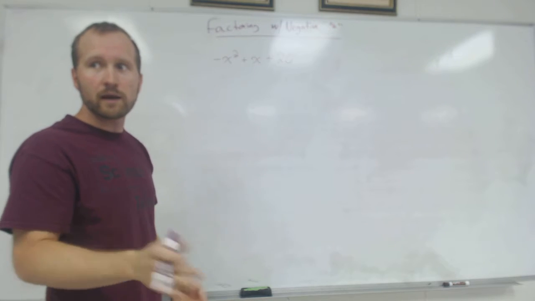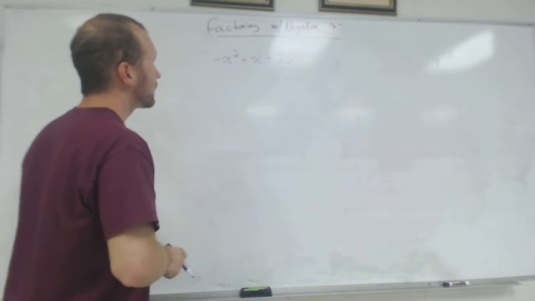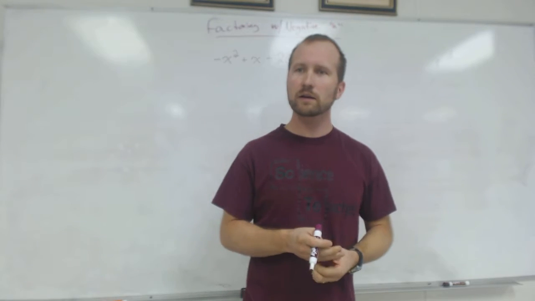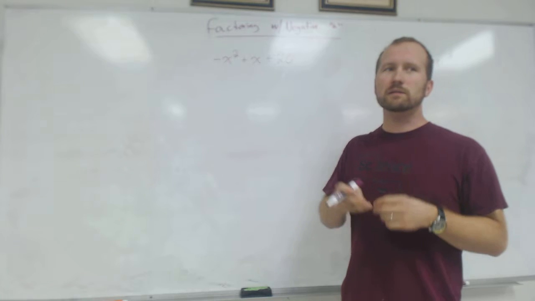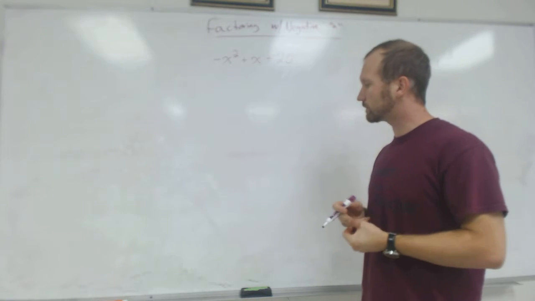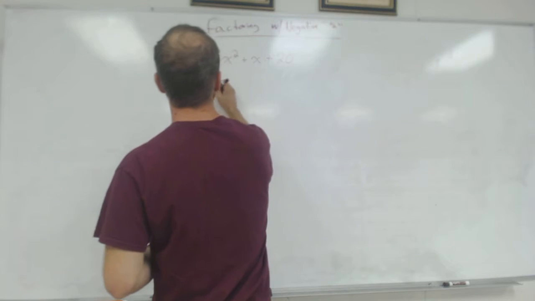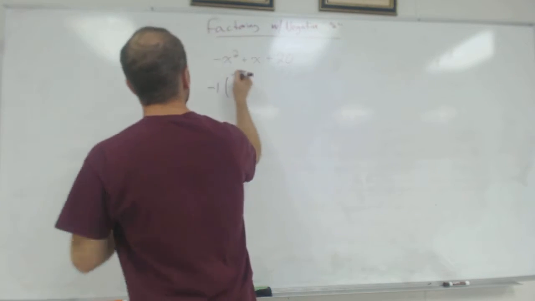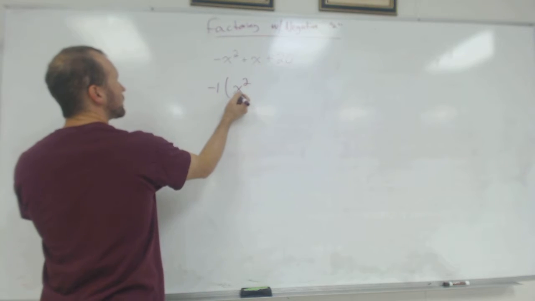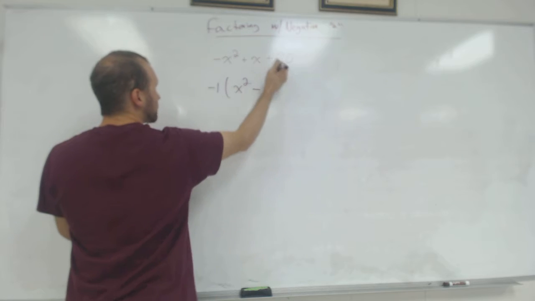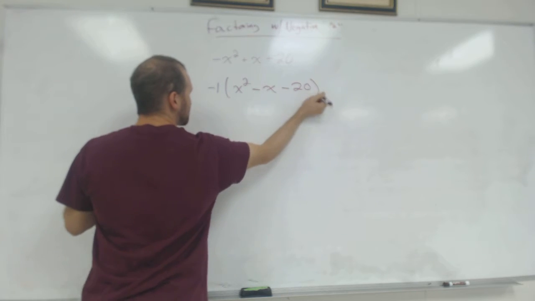Is there a way to factor? None of them will work really. You technically can use Gary's terrific trick, but it gets really complicated to keep track of all the negatives. So it's just easier to pull out a negative 1, and then what would we have? This becomes positive, this becomes negative, and this becomes negative.